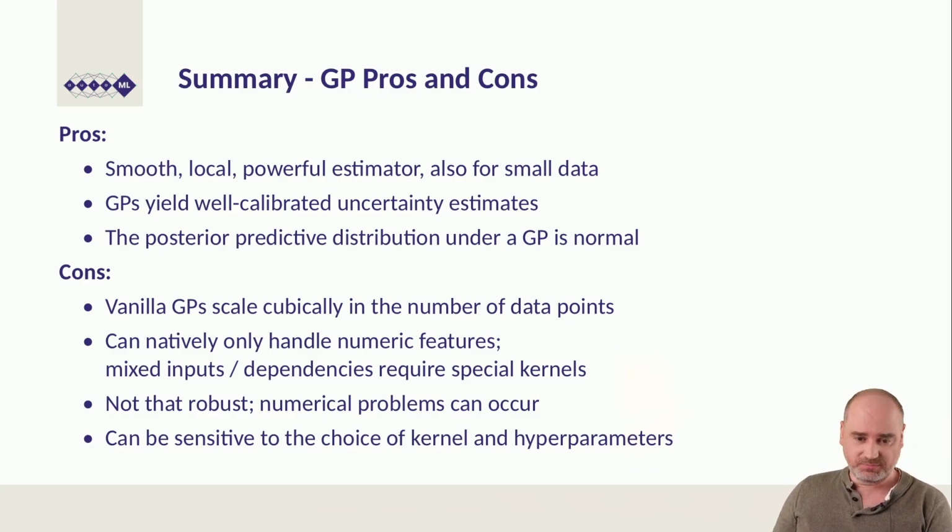There are also some heavy cons. So as I've already said, GPs scale, unfortunately, cubically in the number of data points. They can handle numeric features natively, and for the other stuff we just discussed that, you have to do something special or live with crude heuristics. They're not that robust, so sometimes numerical problems can occur and you might have to program some special handling of these numerical problems, so you can use your GPs in an automatic BO workflow, so to speak.